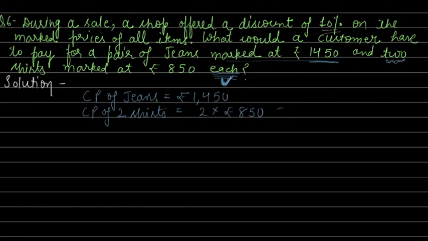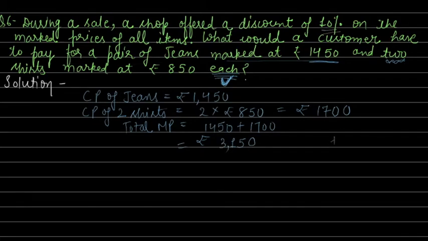It means we have to multiply. 85 into 2 will be 170 and this 0 as it is. So 1700 rupees. So this is the total marked price. How much will be the total marked price now? 1450 plus 1700, which gives you 0, 5, 7 plus 4, 11, rupees 3150.